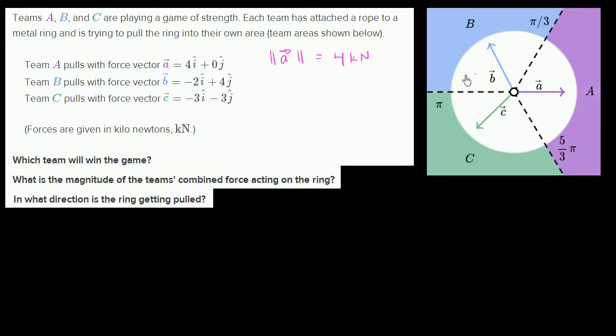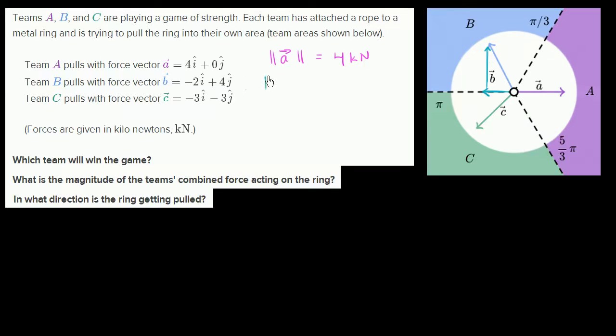Now, what about the magnitude of vector B? Well, we can use the Pythagorean theorem. It's negative 2i plus 4j. So the magnitude squared is going to be negative 2 squared plus 4 squared, which is really just coming out of the Pythagorean theorem.